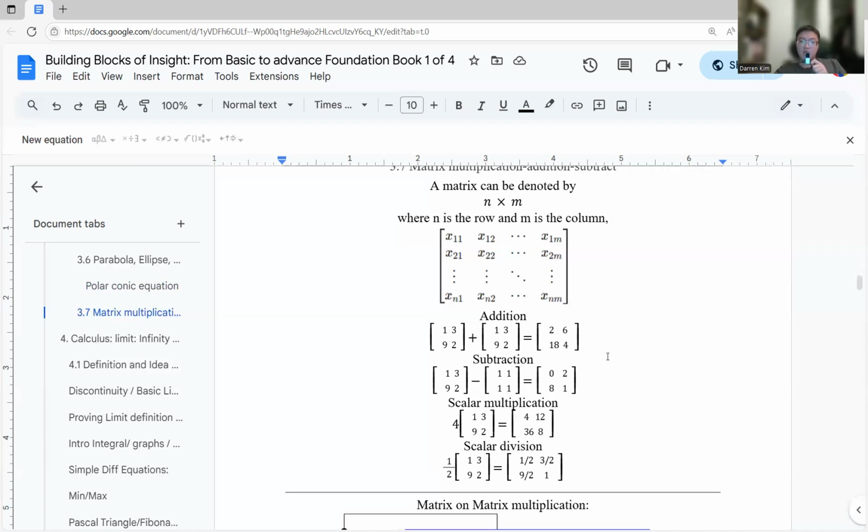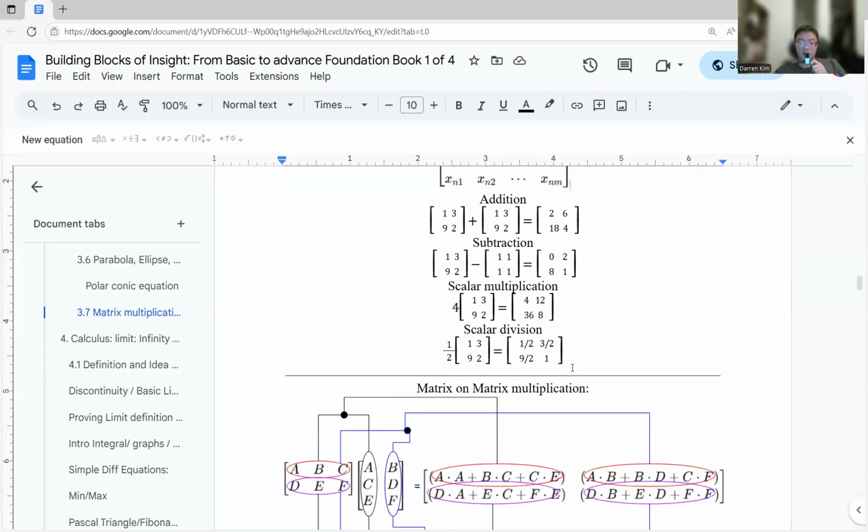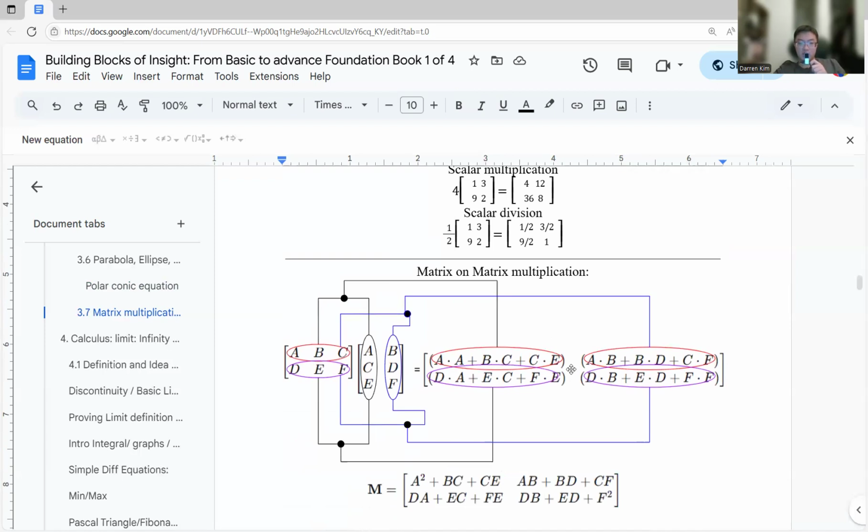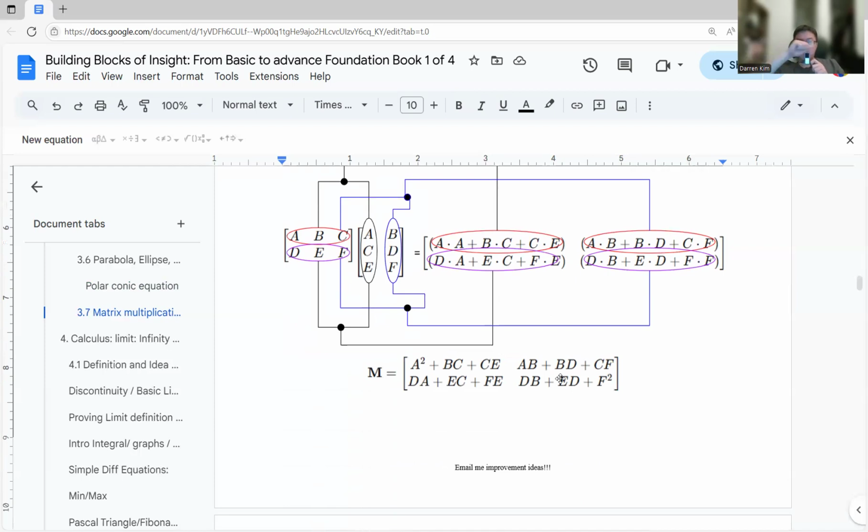AI is probably changing that, but yeah. I don't know what to say about AI, but matrices are very important for computing. So, a very big section of computer science. Very big computer science.